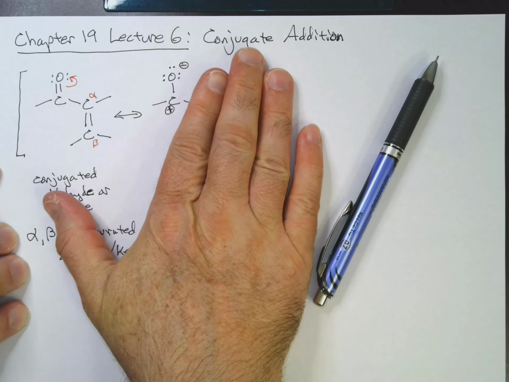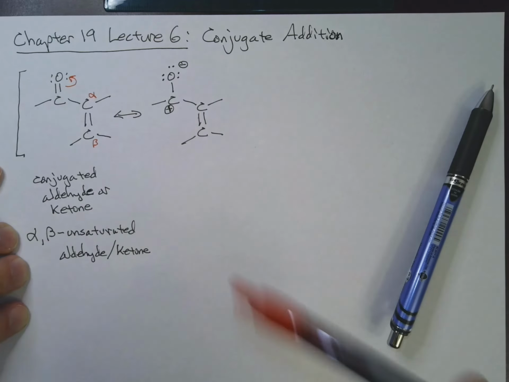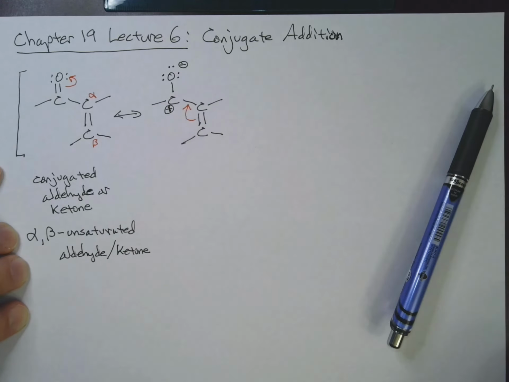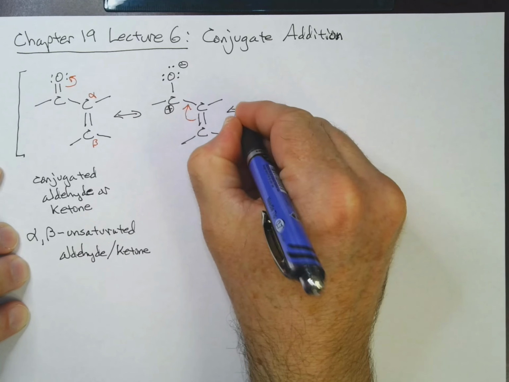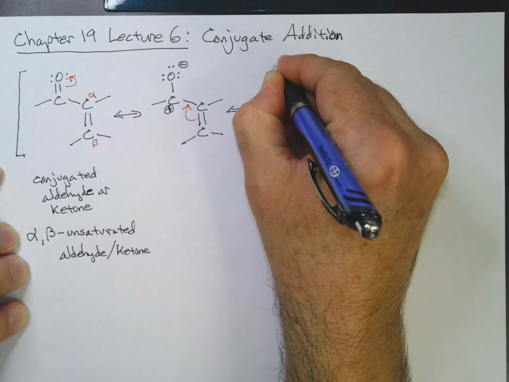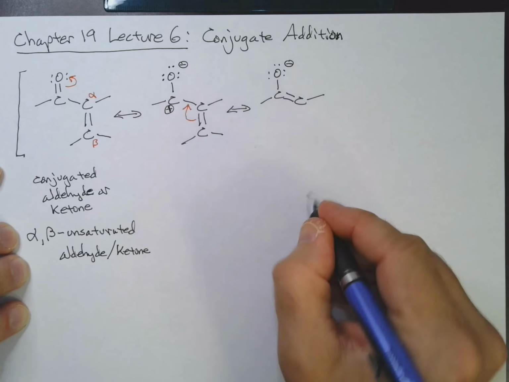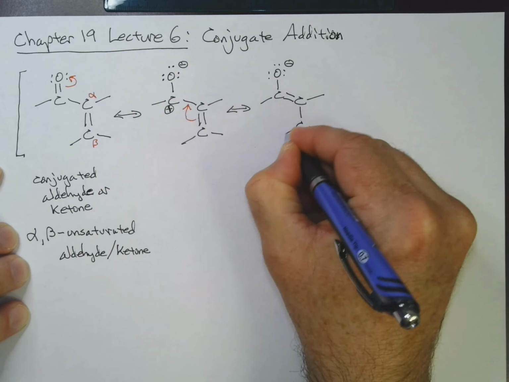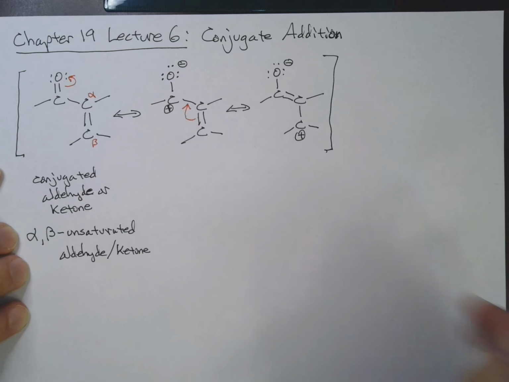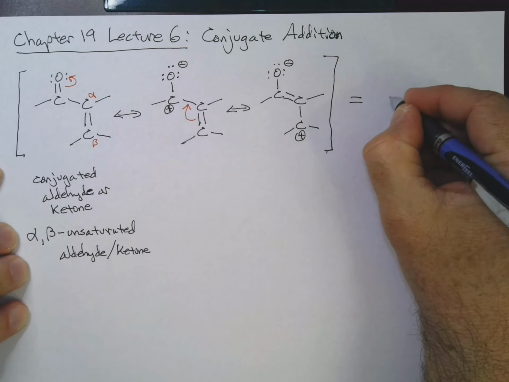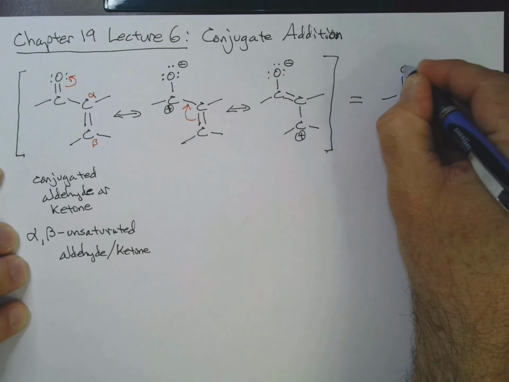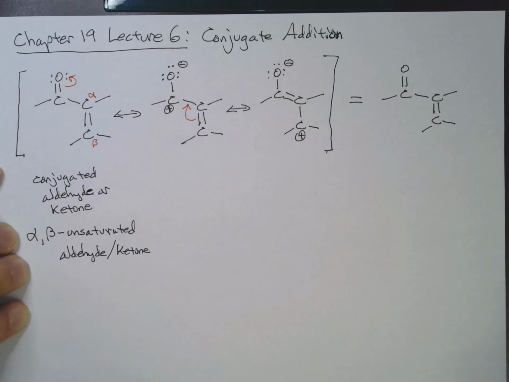And that's what we're used to seeing, right? Well, with the presence of another double bond here, because it's conjugated, I can draw another resonance structure. In this other resonance structure, my oxygen still has a negative charge, but now I have a positive charge on my beta carbon there.